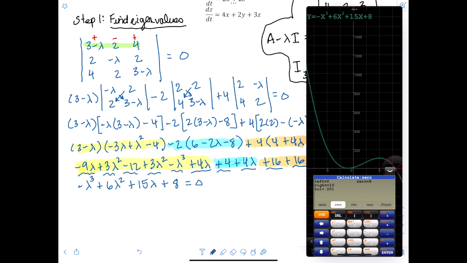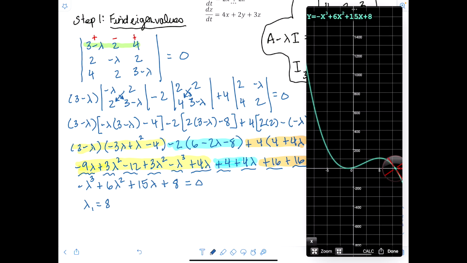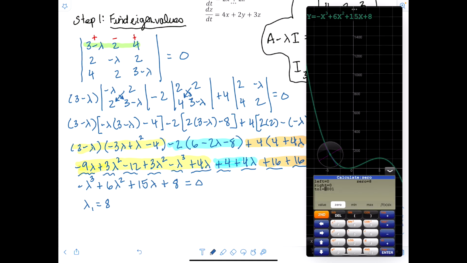And it looks like we get a 0 at 8. Okay, so we'd have lambda 1 equals 8. Let's go ahead and calculate that, push that down. That one crosses the x-axis, so it has a multiplicity of 1. This one over here is tangent to the x-axis, so when we go to calculate 0 for this one, it'll have a multiplicity of 2.